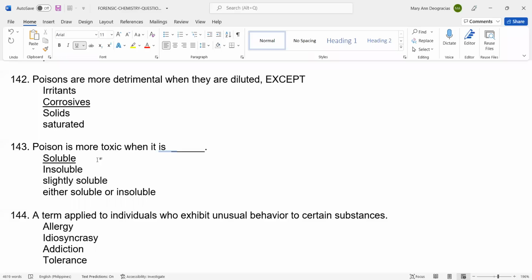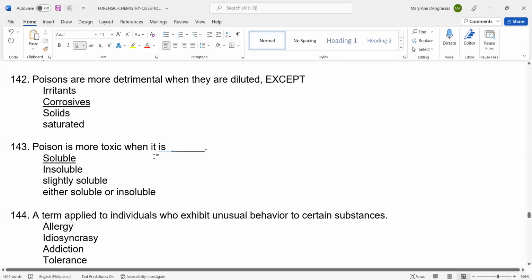Kung insoluble, hindi natutunaw, so what will happen? It will just go to the waste. So magiging pupo na lang yan pag insoluble, kasi hindi siya magre-react sa stomach walls natin or the intestinal walls.